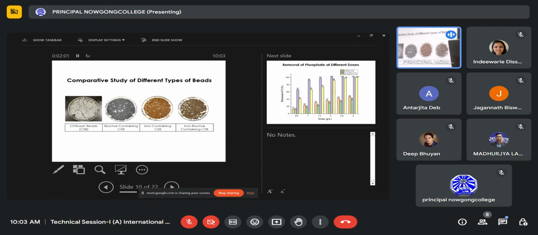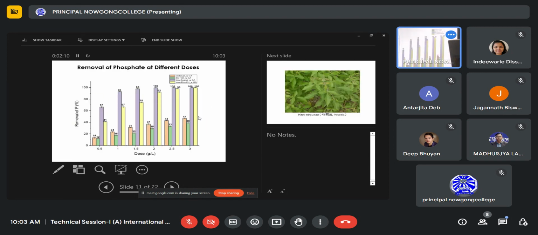We tried to impregnate these beads with phosphate, and we are looking at how much phosphate they can absorb. They can absorb quite an amount of phosphate depending upon the composition, what type of polymers you're using, and whether it has iron, because iron and phosphorus combine together very easily. That's what you find in nature.